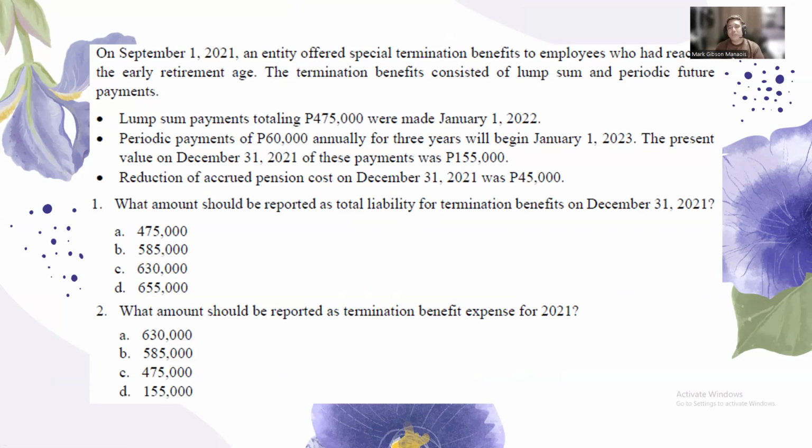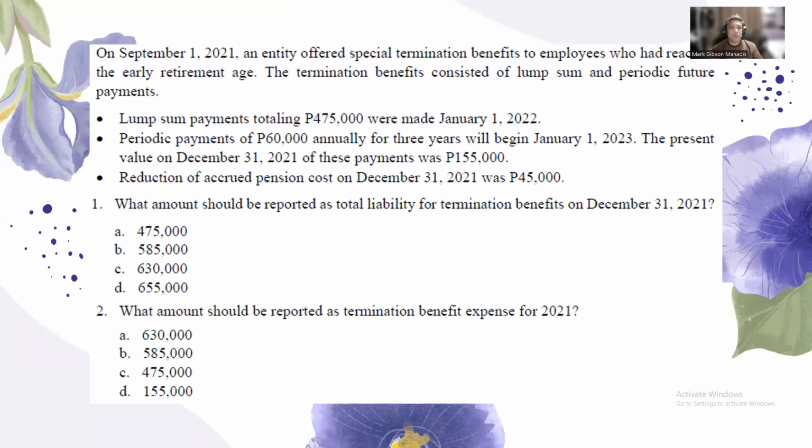The termination benefits consisted of lump sum and periodic future payments. Lump sum payments totaling 475,000 were made January 1, 2022. Periodic payments of 60,000 annually for 3 years will begin January 1, 2023. The present value on December 31, 2021 of these payments was 155,000. Reduction of accrued pension costs on December 31, 2021 was 45,000.